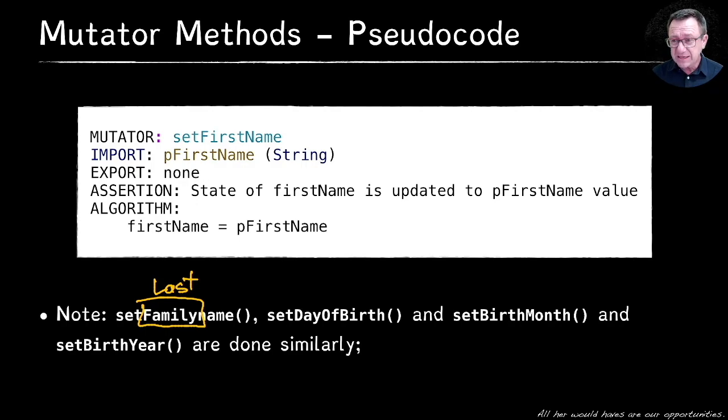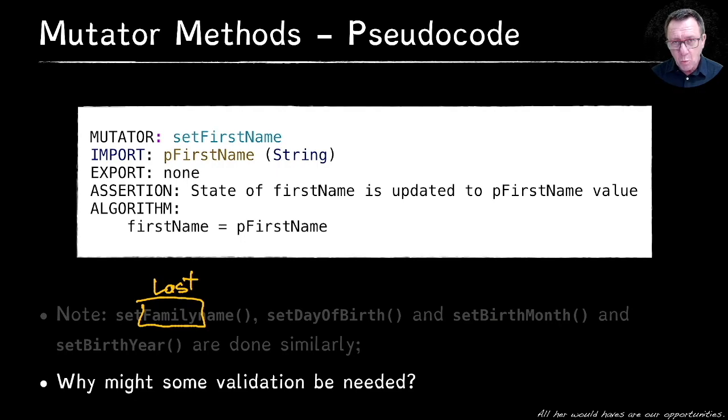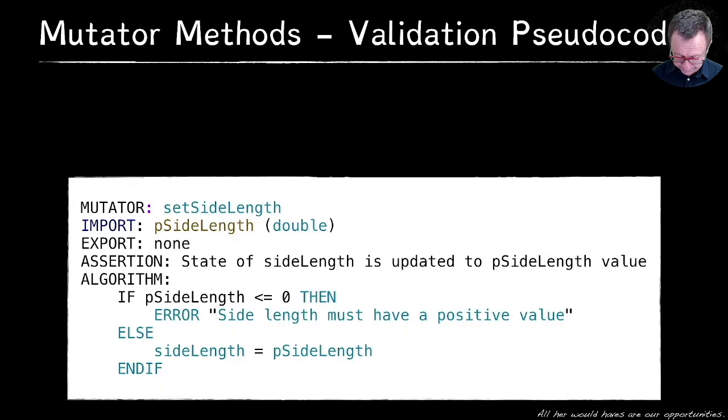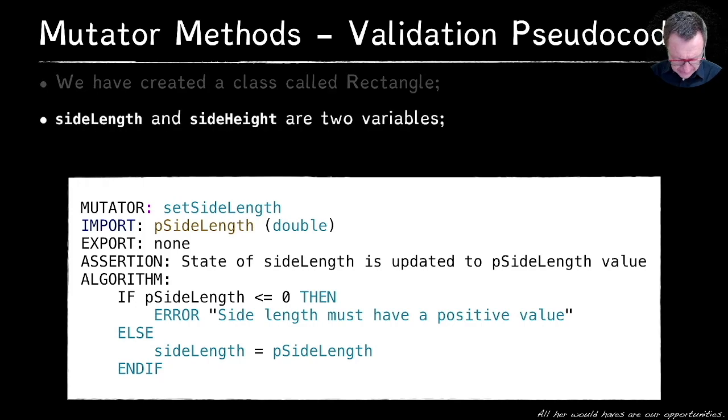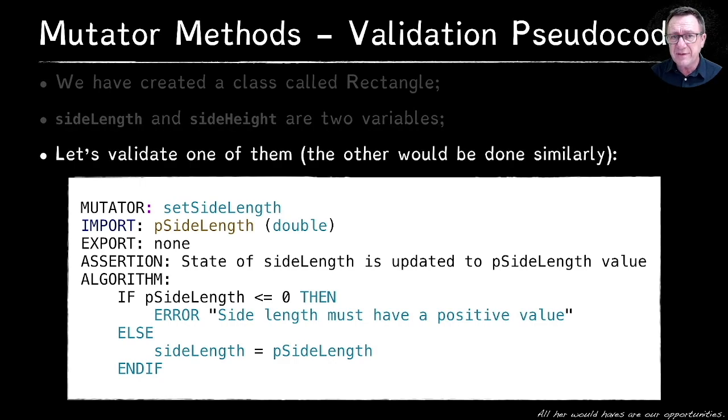Now, validation in this setting, can you see where validation may need to occur? I've got this validation here. What I've done is create a rectangle class, and the side length and the side height are our two variables, and we need to validate them.